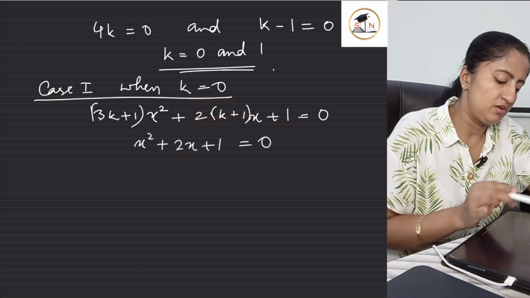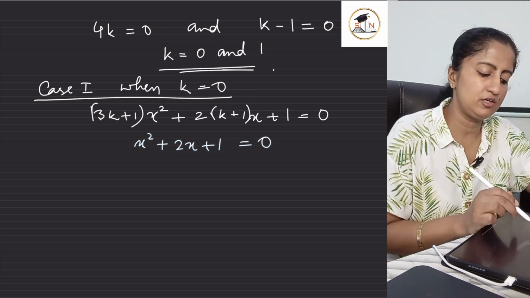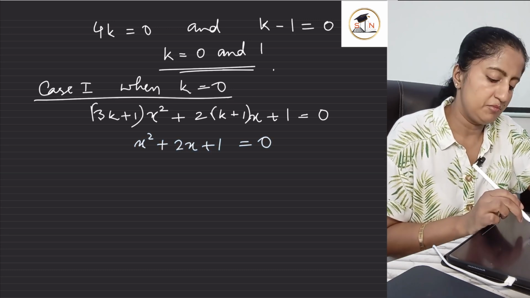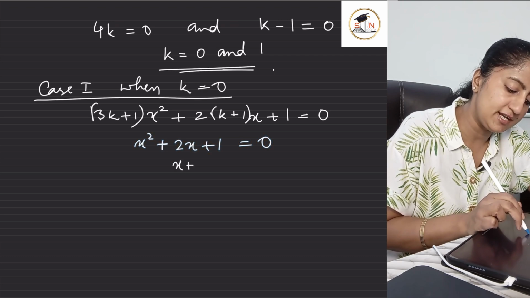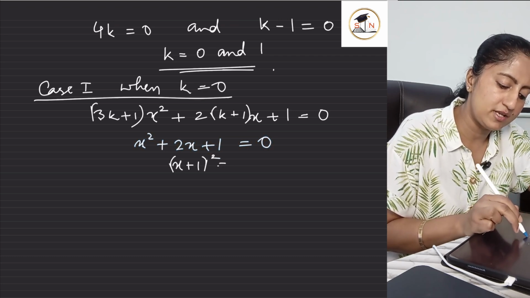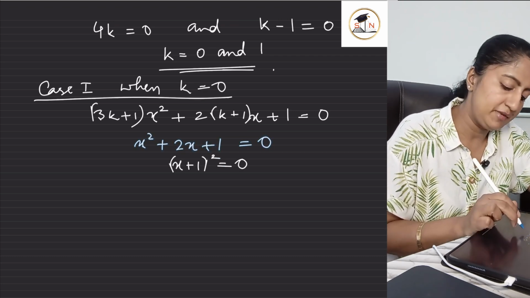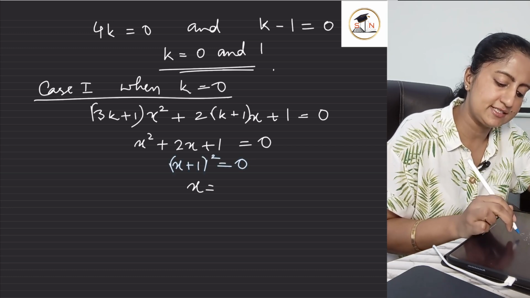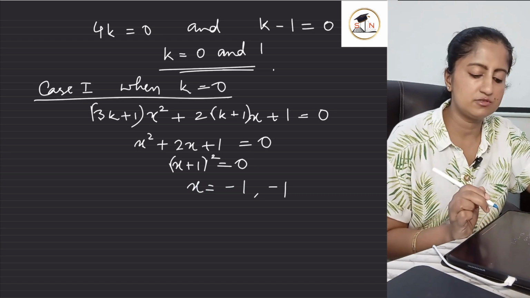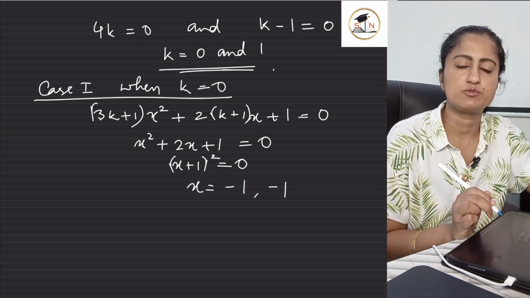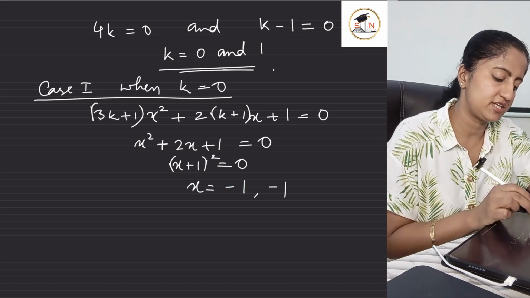This is the simplest expression you can get in a quadratic equation because it is a plus b whole square, and over here we just get x plus 1 whole square equals 0. So we are getting the value of x as minus 1. There are two values, minus 1 and minus 1. This is your first case.